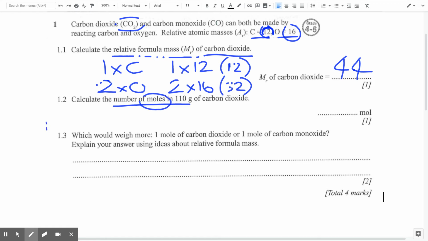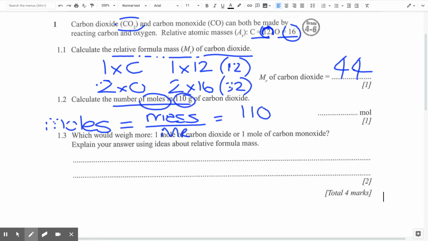And the number of moles of a substance, we have to memorize this equation, the number of moles is equal to the mass divided by the Mr, as we're given in this question. And so we know that the mass of carbon dioxide is 110. We've been given that there. And we know the molecular mass of carbon dioxide is 44, because we calculated that in the previous question.